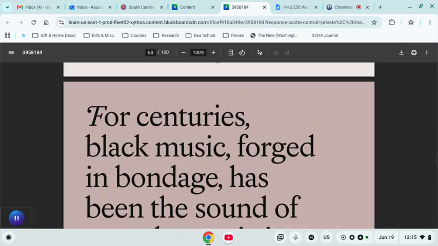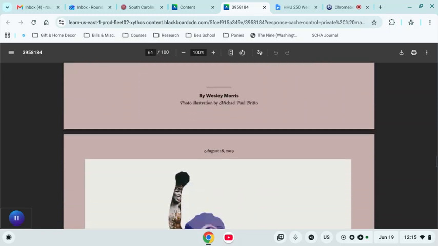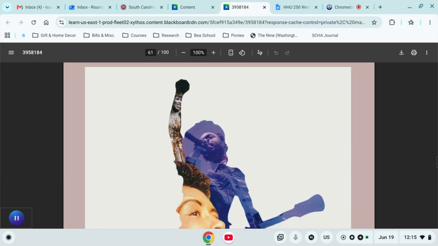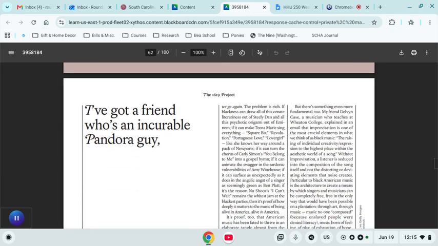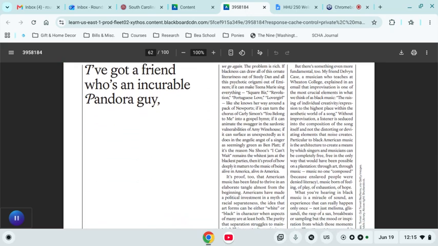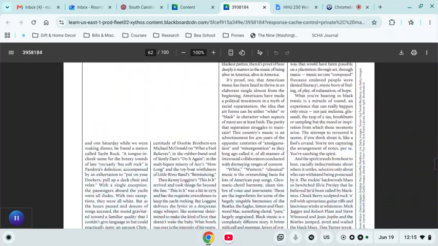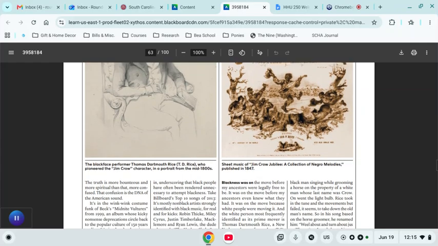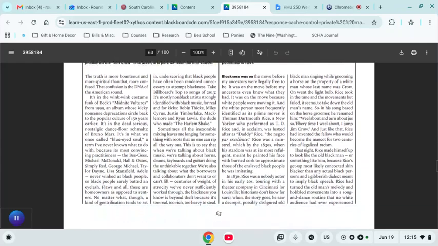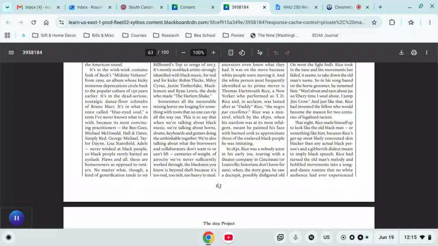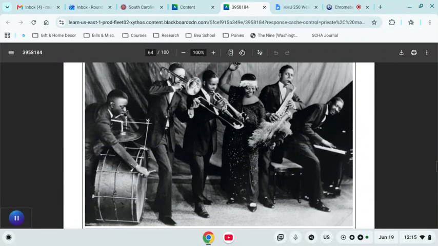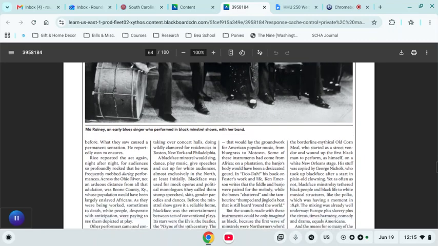If you don't like that, page 60, there is an article from Wesley Morris, and it is about African American art, in this case, music, and how Black artists throughout American history have been exploited and have really kind of shaped the culture of our country while never enjoying the fruits of their labor.